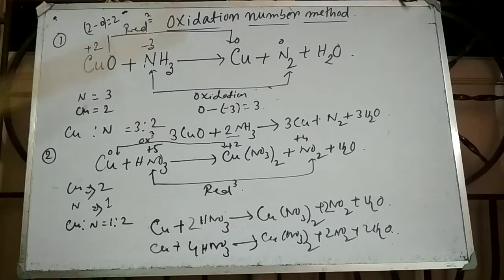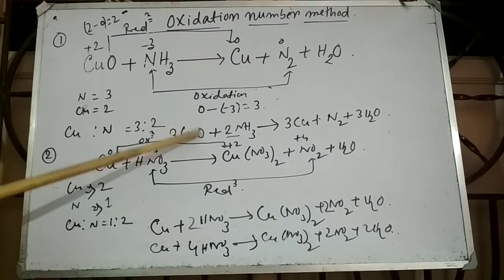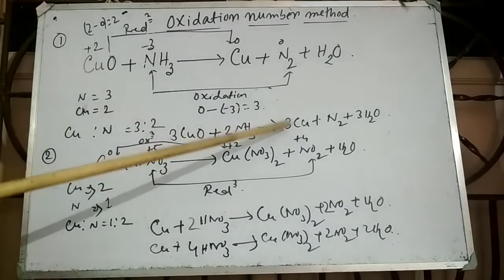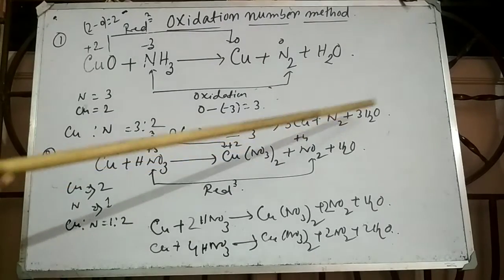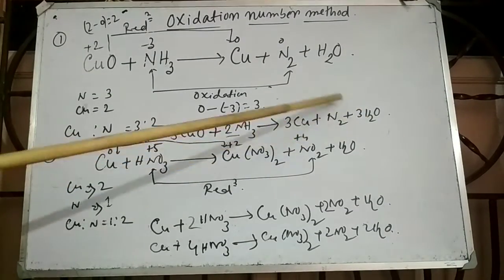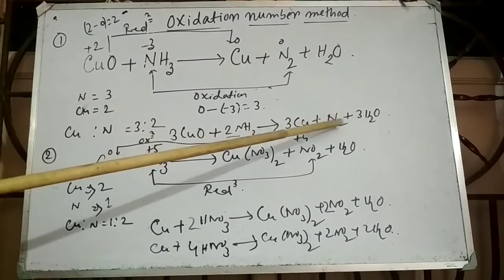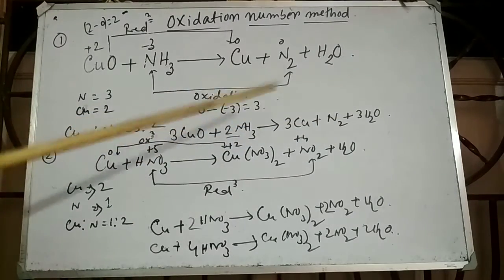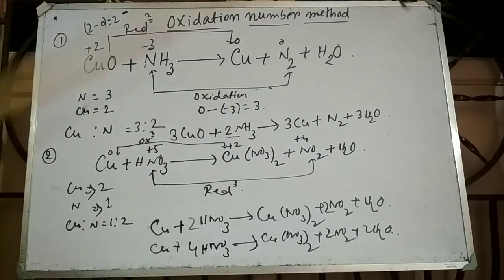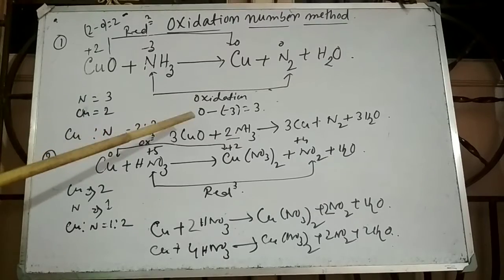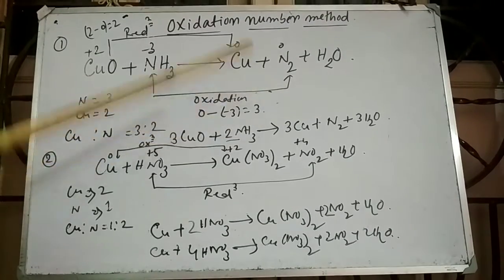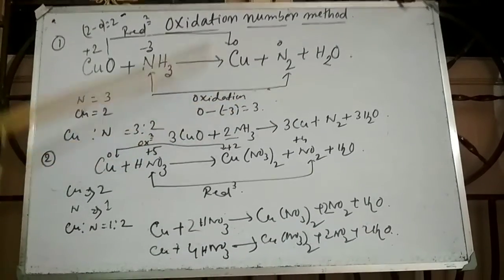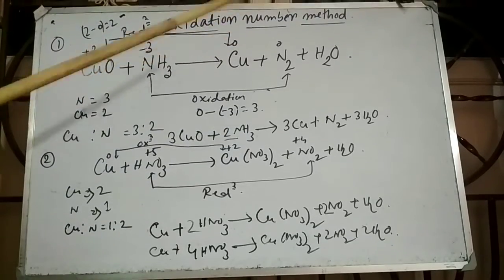So the overall reaction is given by 3CuO plus 2 ammonia gives 3Cu plus N2 plus 3H2O. Here the number of nitrogen atoms is 2 and here also 2. So the number of atoms is the same in reactant and product side, and this is the final equation which can be solved by the oxidation number method.